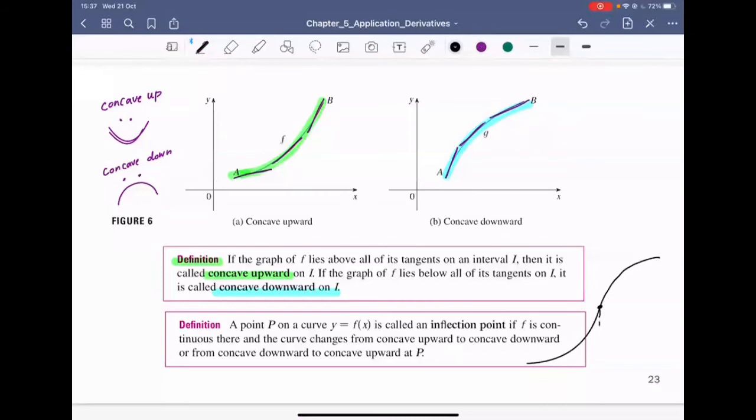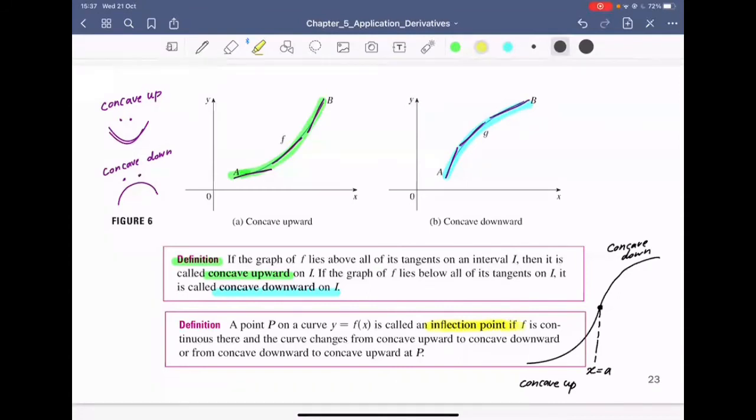At the point here where it changes behavior, x equal to a, on the left hand side of the point this is concave up, because the graph looks like the smile, and on the right hand side this is concave down. If the graph switches from concave up to concave down, that point is called the inflection point. This is the point where the concavity switches from one thing to another.